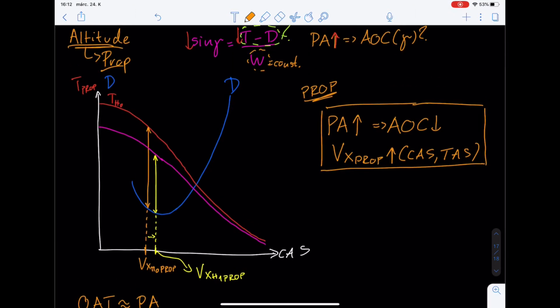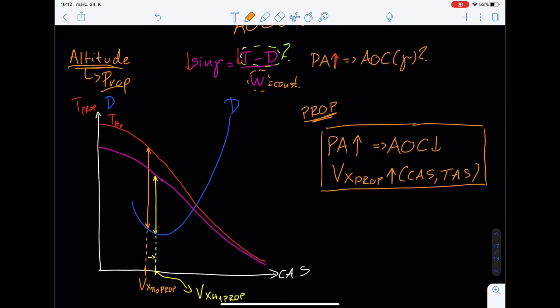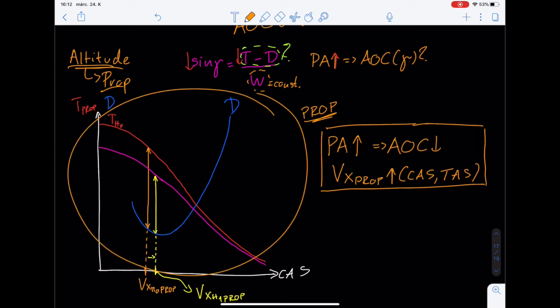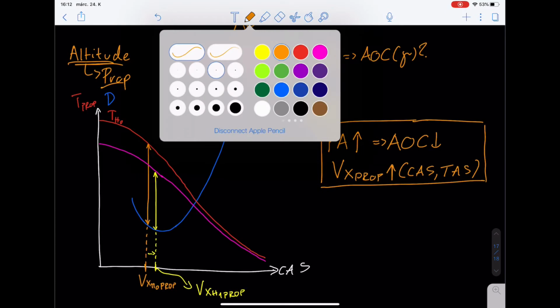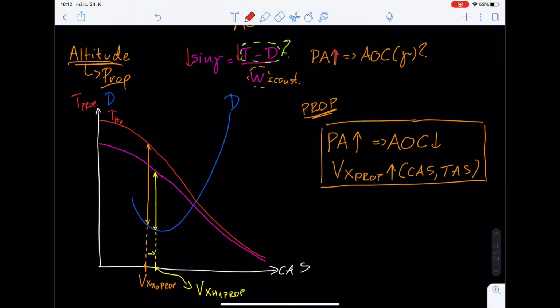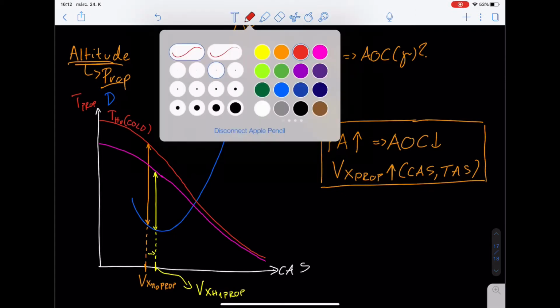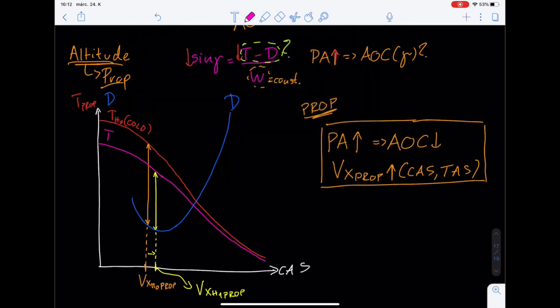So when you increase the outside air temperature, you would have the same exact effect as we had in the case of the pressure altitude. So you could substitute for the TH0, the initial one, like cold thrust, and when you warm it up, oh sorry, I forgot to index this one. This would be TH1 or TH hot, right?